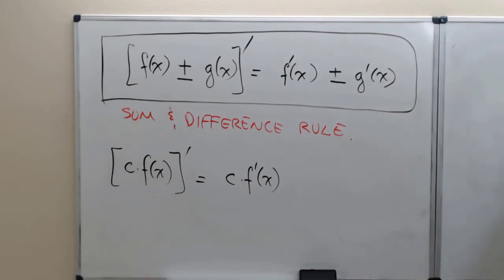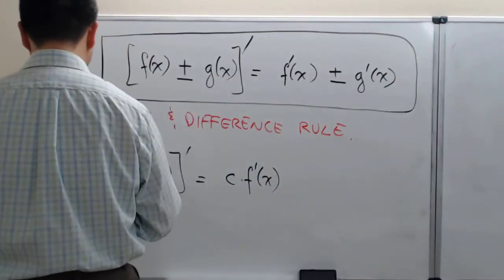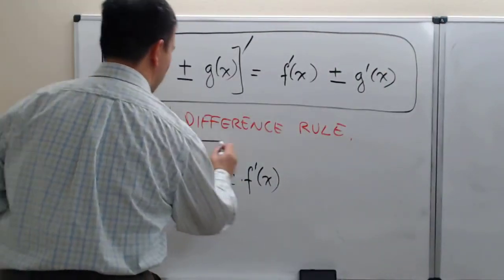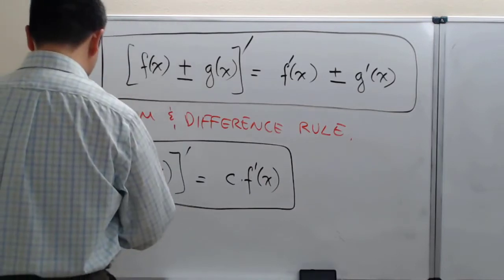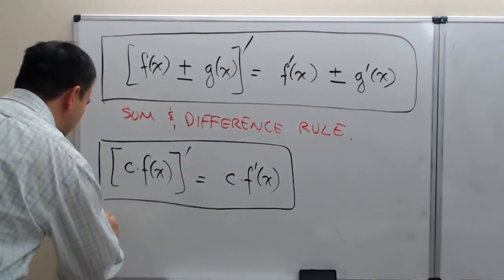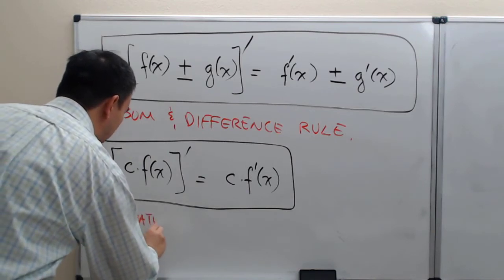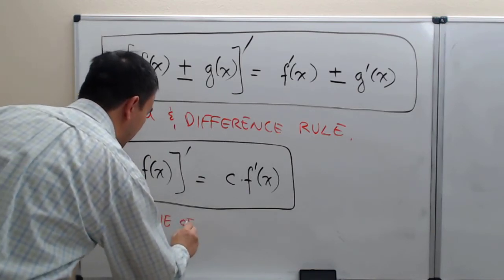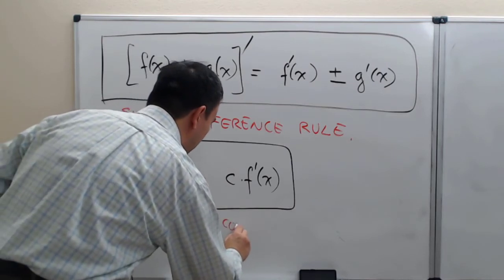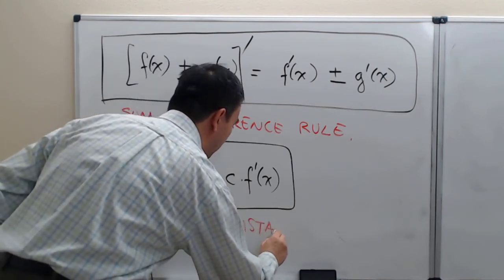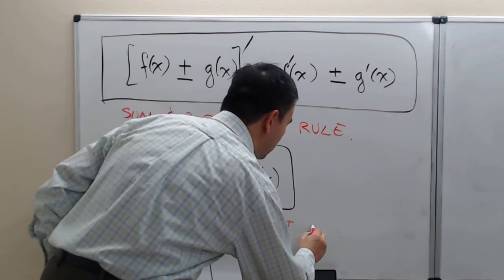That's all it needs. We refer to this as another basic but very useful rule, the derivative of a constant coefficient.